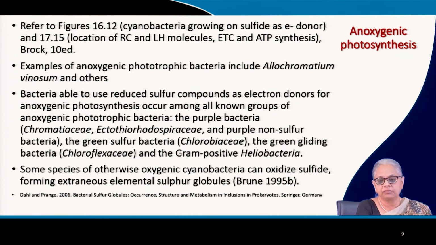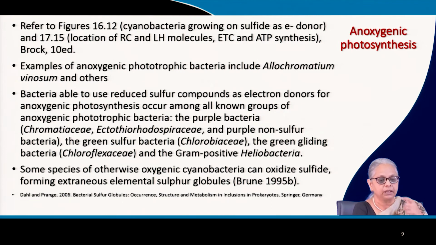If you have access to Brock's Biology, you can refer to the 10th edition or even subsequent editions and look at figure 16.12, which shows cyanobacteria growing on sulfide and utilizing sulfide as the electron donor. They also have figure 17.5, which shows the locations of the reaction centers, the light harvesting molecules, the electron transport chain, and the ATP synthesis process. I will talk about that in a little bit in the next slide.